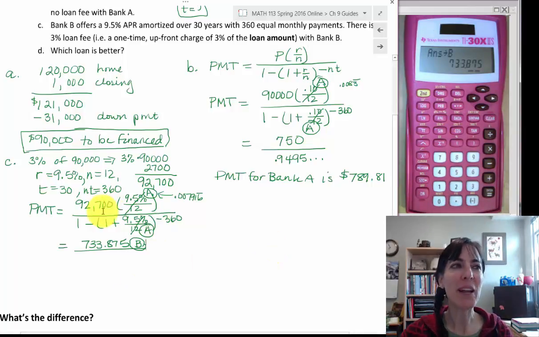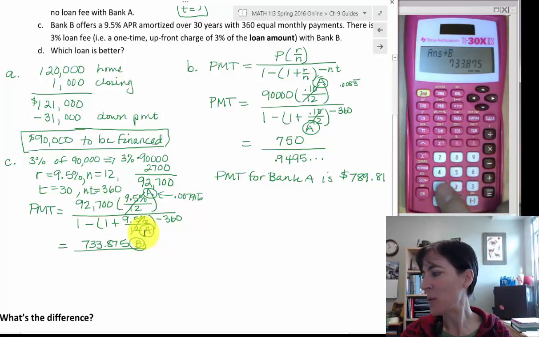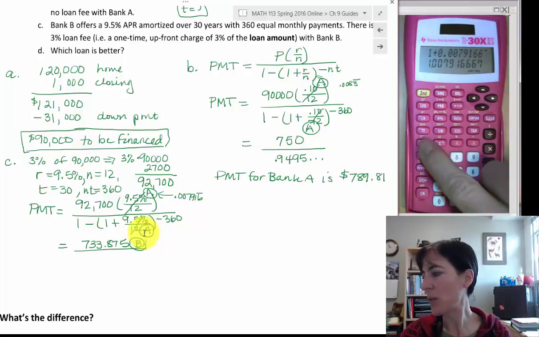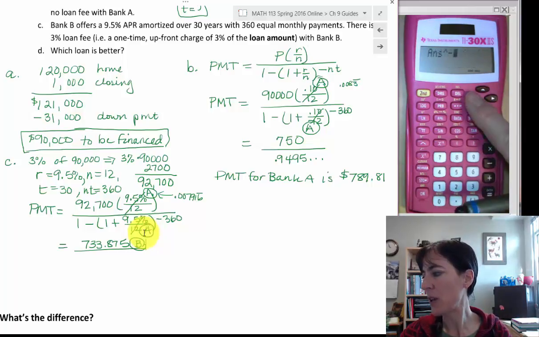On the denominator then, I need to take 1 plus what's in my A. So I will do 1 plus recall A to the negative 360, not that negative, that won't work. It'll give me an error.